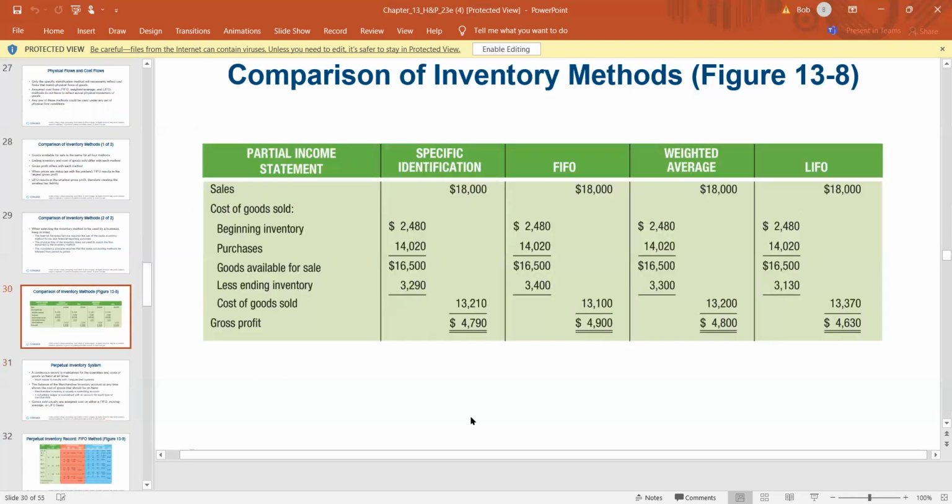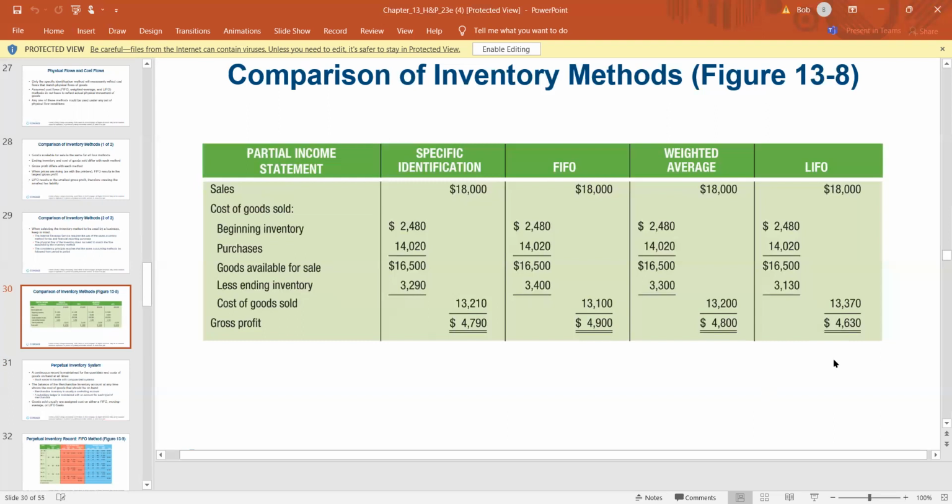Why would companies choose one of these methods over the other? Well, with LIFO, you're going to have lower reported net income. You're going to pay less in taxes. FIFO, it was $4.9 million. This is $4.6 million. The difference here is $270 million.